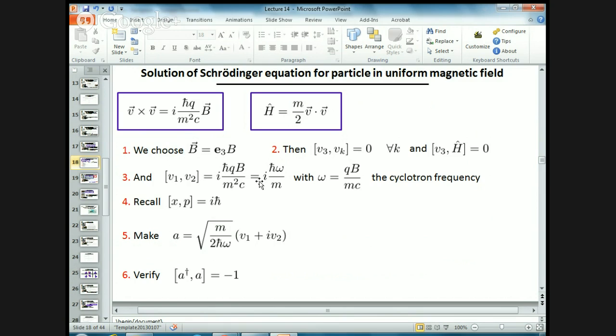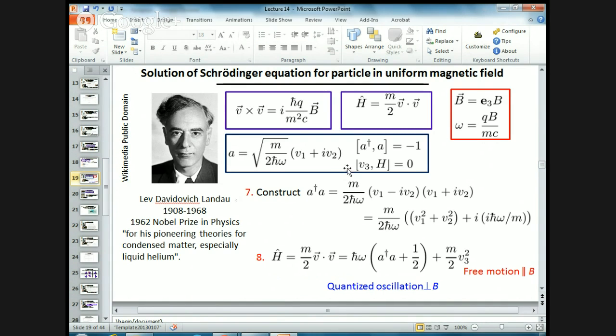It's just like X and P. When you have a quadratic Hamiltonian, for the harmonic oscillator, instead of V1 squared plus V2 squared, it's P squared plus X squared. So there's A. Then A dagger is just, since V is self-adjoint, that's easy to show, V1 minus i V2. Then you can calculate A dagger A, just using the defining variables.